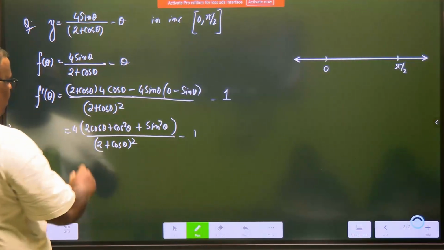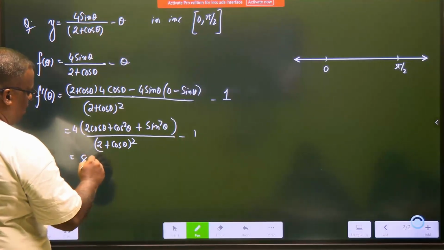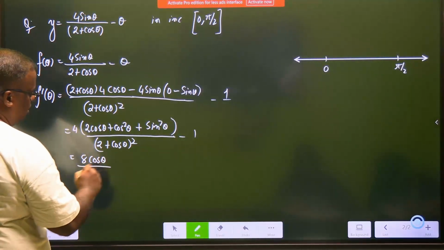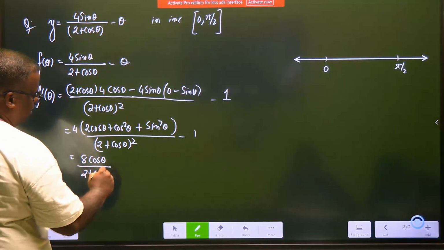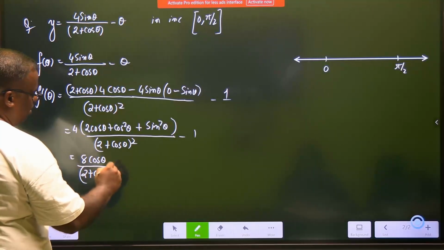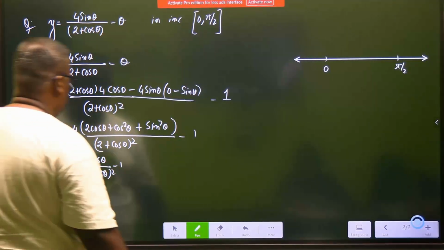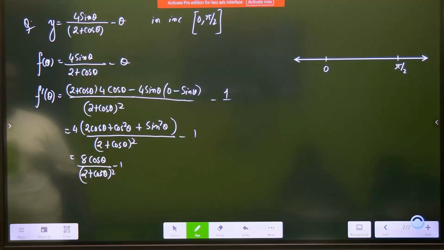So we get 8 cos theta divided by 2 plus cos theta whole square, minus 1. That is f dash theta.